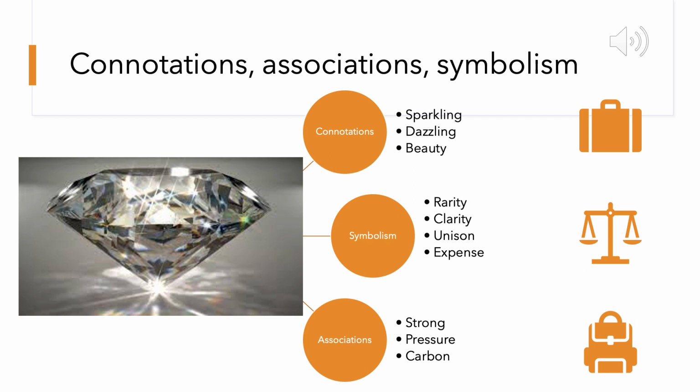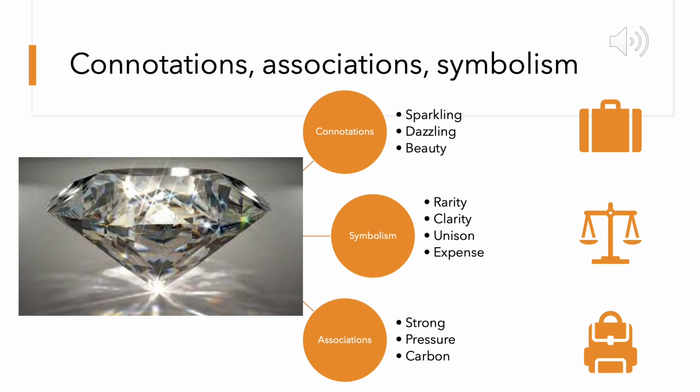Therefore, as well, I associate diamonds with union through their association with engagement rings, and thereby I associate that with expense, because a diamond engagement ring, if it's of a high level of clarity, then it's going to be expensive.